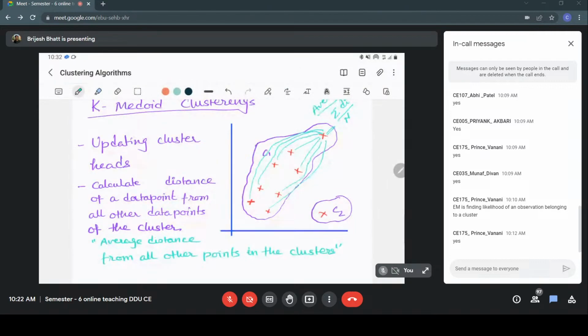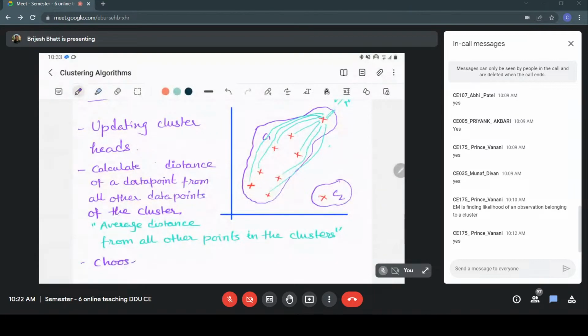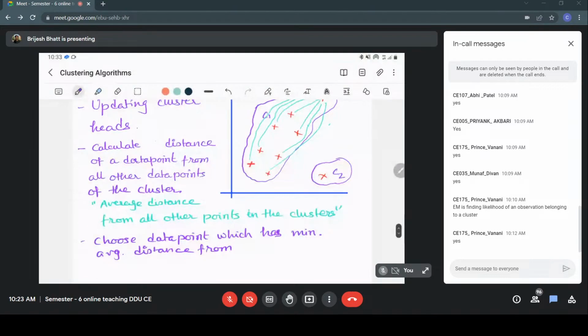We are calculating the average distance from all the points in the cluster. And after doing this, we will choose the one which has the minimum distance, and choose the data point which has the minimum average distance from all of the points as the new cluster head.